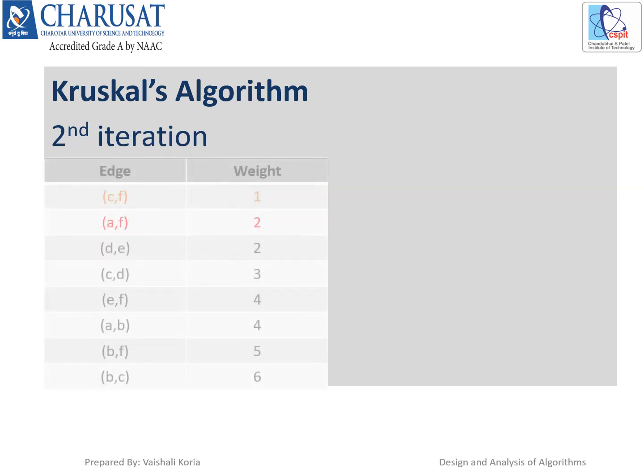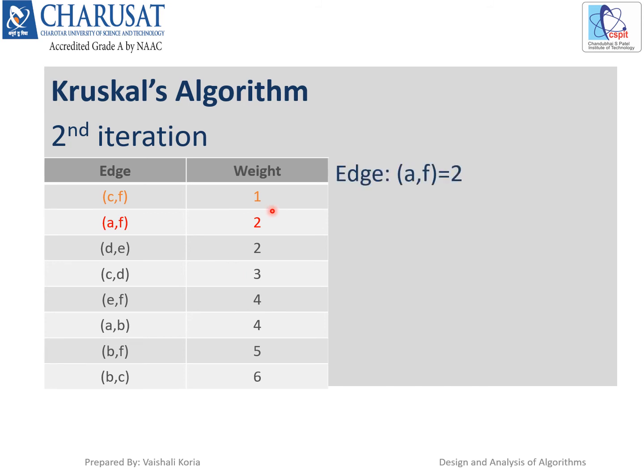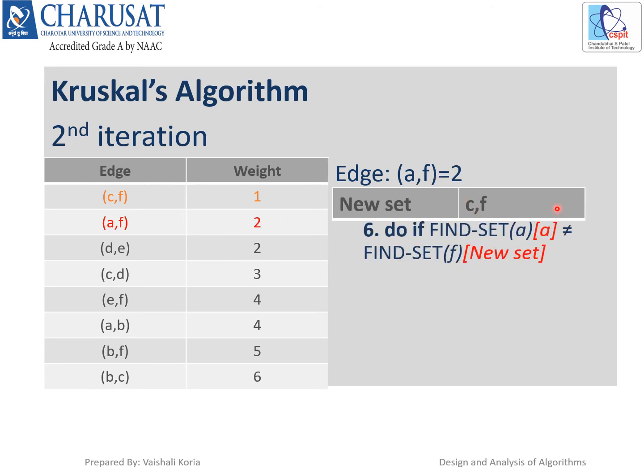Now in the second iteration we will take the edge AF with the weight 2. Again we will check the representative sets of A and F. We have the new set from the previous iteration which represents CF, right? So the set of A is A and the set of F is this new set. Both the sets are different, so we can add that AF edge into the solution set.